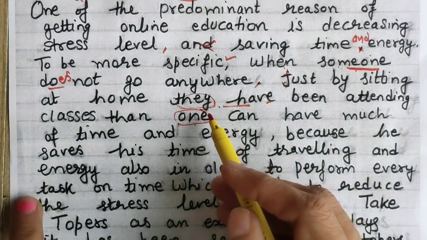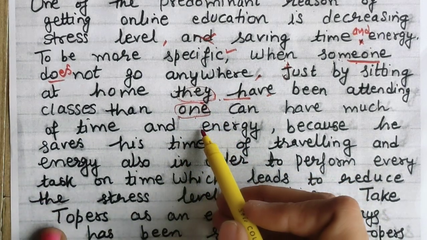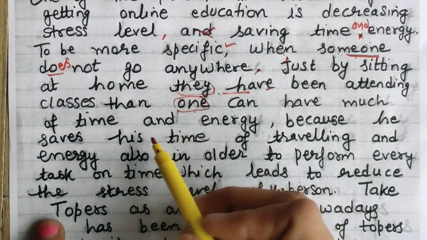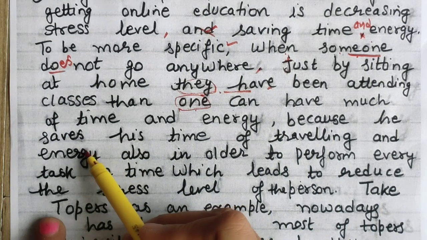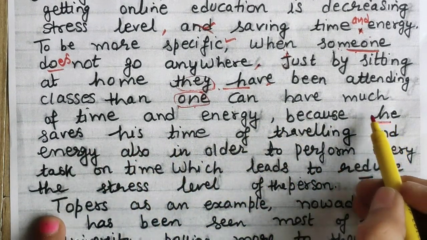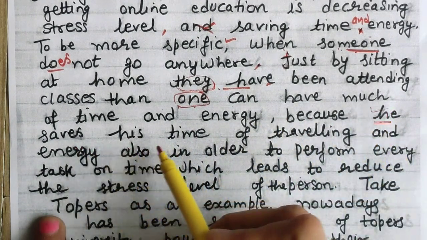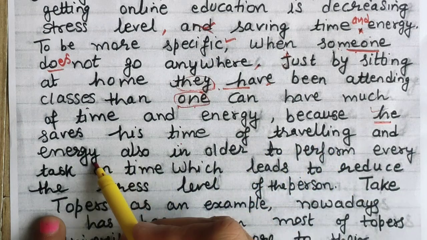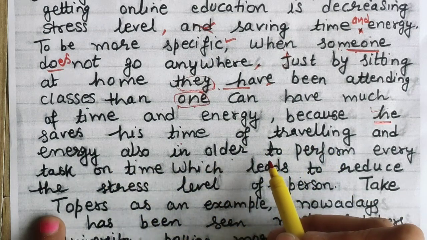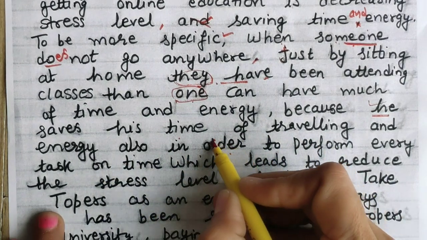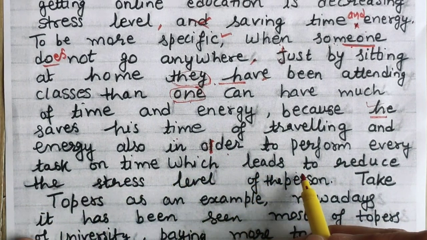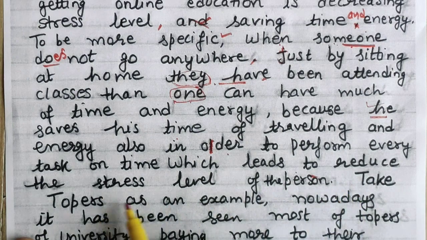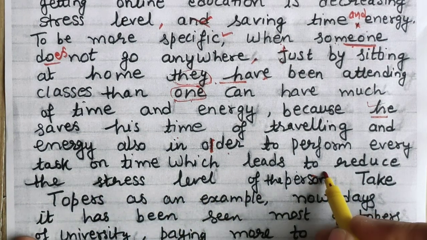This is a mistake in grammatical range, you can say. One can have much time and energy because he saves, again he, his time of traveling and energy also in order to perform every task on time, which leads to reducing the stress level of the person. Okay, good.